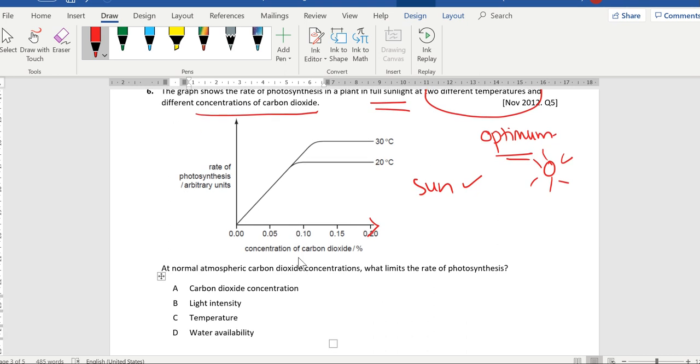At normal atmospheric carbon dioxide concentration, what limits the rate of photosynthesis? So this one, we know that the light intensity is already at optimum. So we're going to say no to that one.